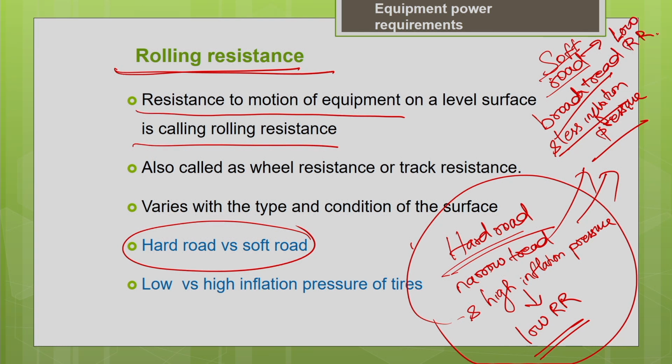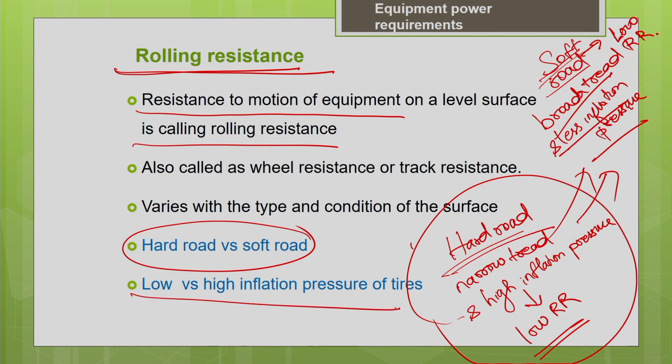The things which are favorable for the hard road are not favorable for the soft road, so you should note that. For the soft road, I need a tire with a broader contact area and lesser inflation pressure, so that it won't sink much into the softer road. Accordingly, you have to make the selection of your mounting, so that you can have a lesser rolling resistance.